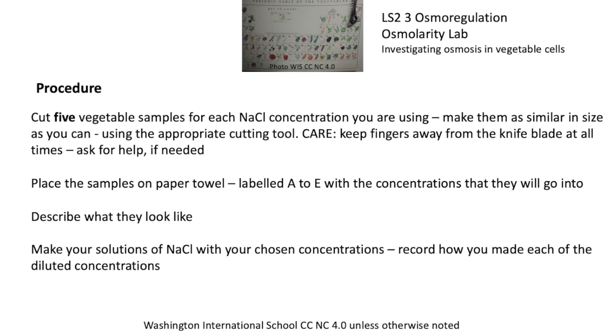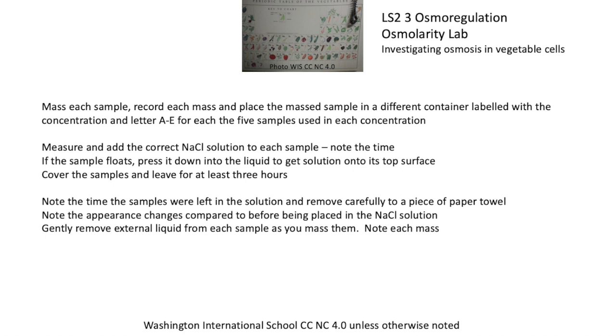So pause to read each of these, what you're actually doing with your 5 samples, describing what they look like, how you make your solution, and that you're going to mass and record each sample, how you're going to give letters to them, and leave for at least 3 hours, noting the time, and you'll dab any extra liquid off them before you mass them at the end of the time period.